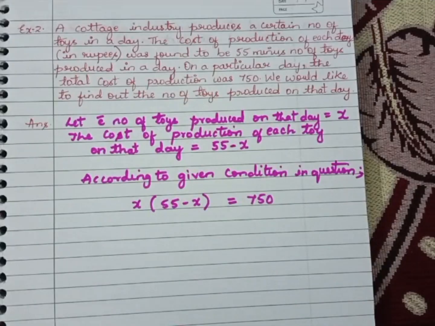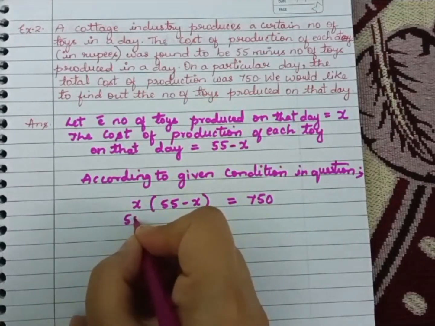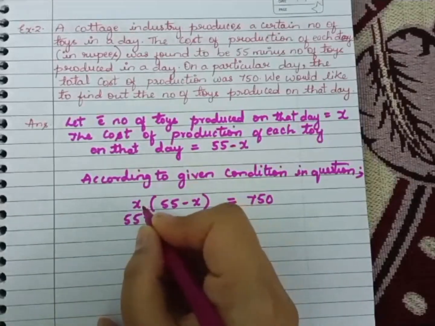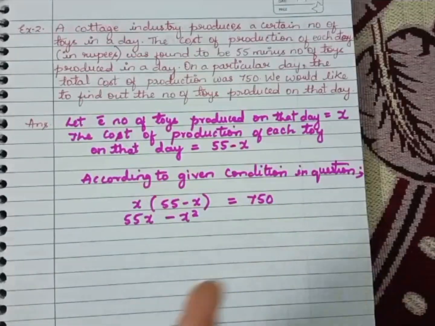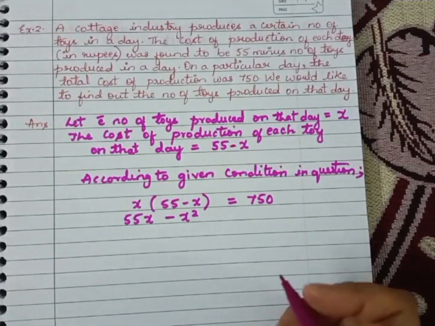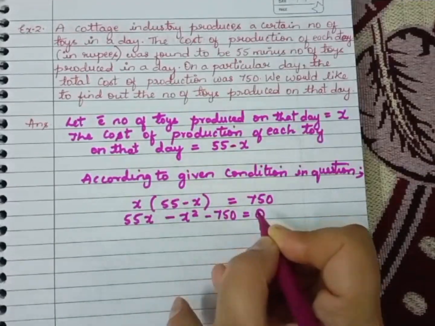Now I'm going to multiply this, that is x into 55 is 55x minus x into x is x square, and the 750 I'm going to shift to the left hand side, then it becomes minus 750 is equal to 0.